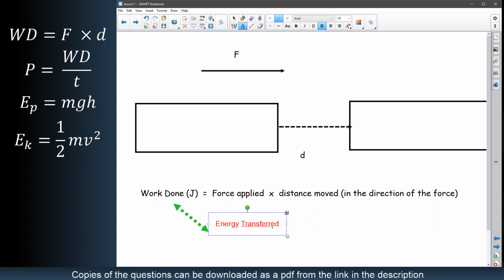If energy is transferred from one place to another, work has to be done. So if I turn kinetic energy, for example, into potential energy, then work is done. If I turn heat energy into sound energy somehow, work is done. And the amount of energy that's transferred from one type to the other is the amount of work.